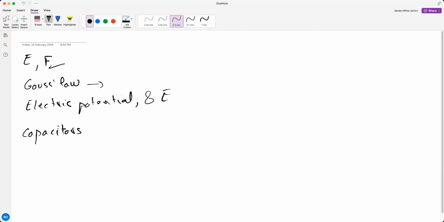Basically the capacitors will be a normal capacitor and a capacitor with the dielectric. The Gauss law with the dielectrics I will not include, so you will not be asked about the Gauss law applied to the capacitor or to the dielectric.